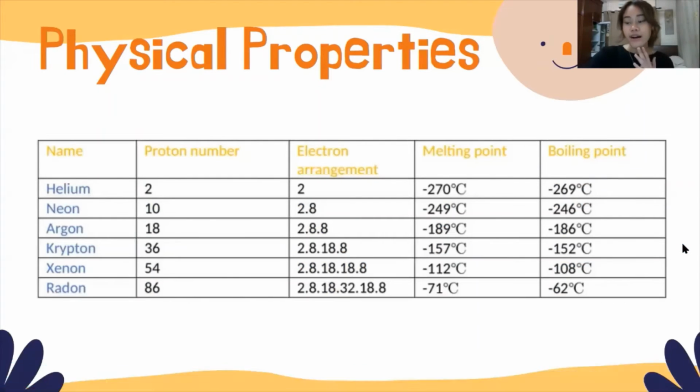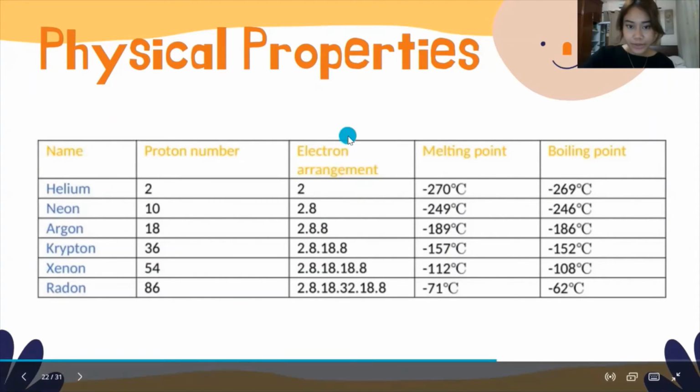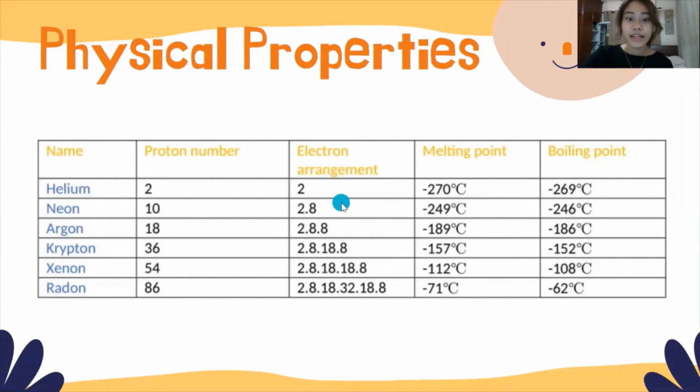So these are the physical properties for group 18, helium to radon. You can see here they have the atomic number, electron arrangement, melting points, and boiling points. From the electron arrangements, we can see that all the elements in group 18 have 8 electrons in the outermost electron shells, except helium.